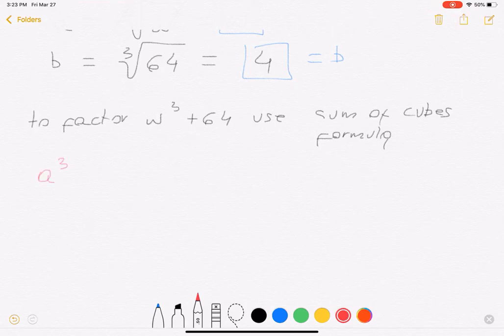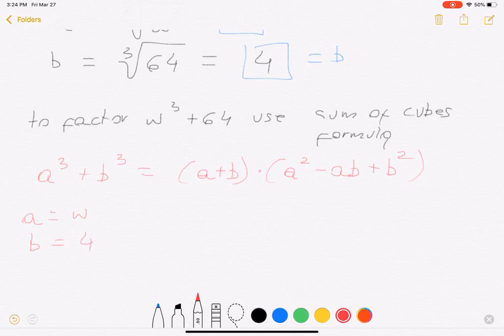A to the third power plus b to the third power is the same as a plus b times a squared minus ab plus b squared. Okay, so in our case, again, a was equal to w, b was equal to 4, so let's just plug it in.